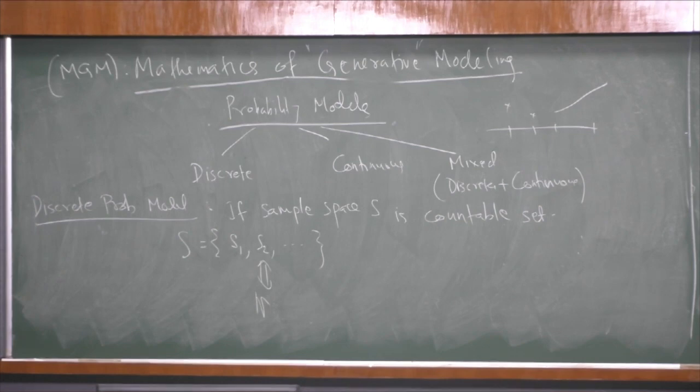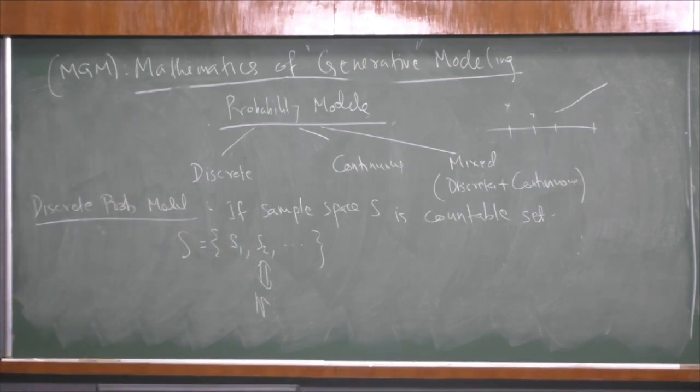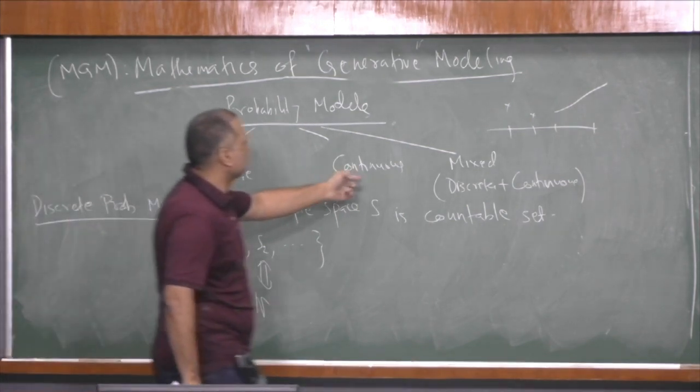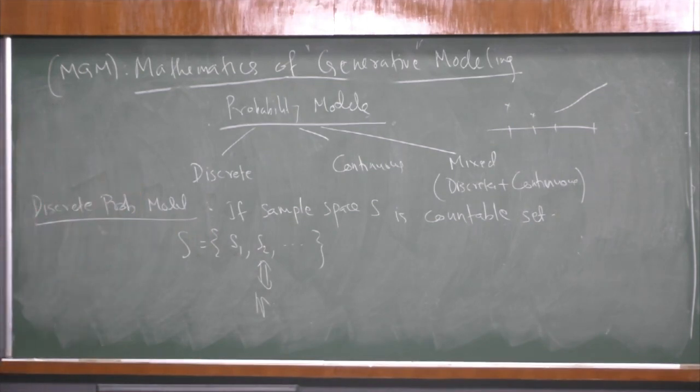So a 1-to-1 mapping from natural numbers essentially means I can index. That's discrete. If the set of outcomes are like that, you call it discrete. If you cannot write like this, then it's one of the others. We will go step by step, no need to jump everything.